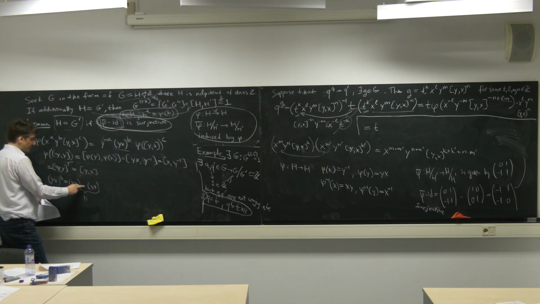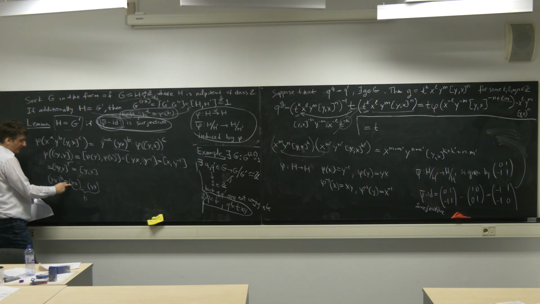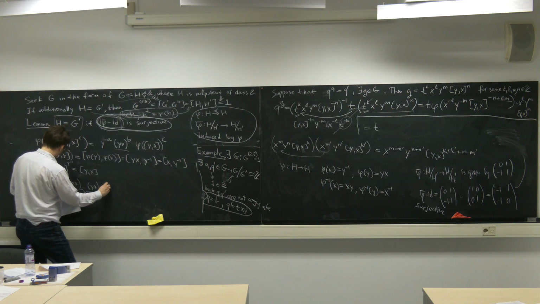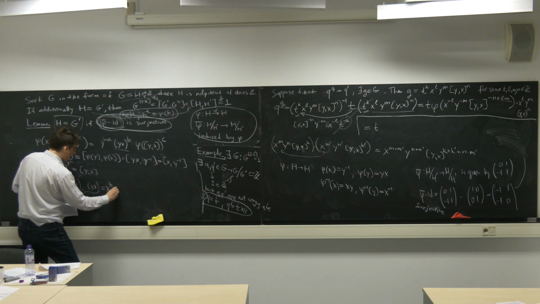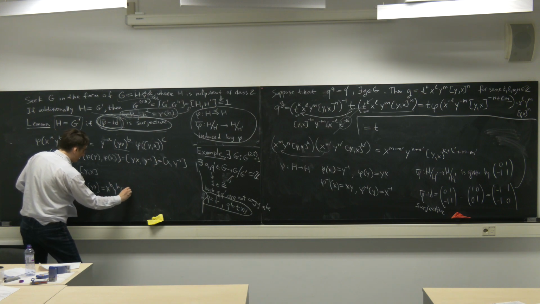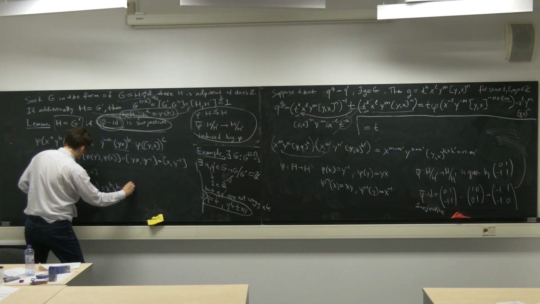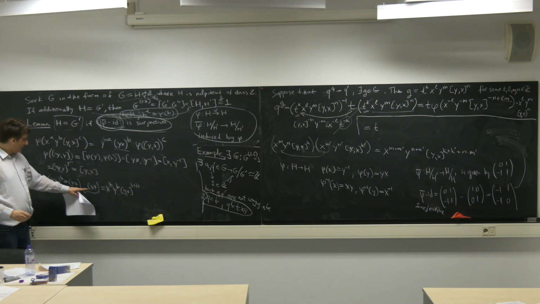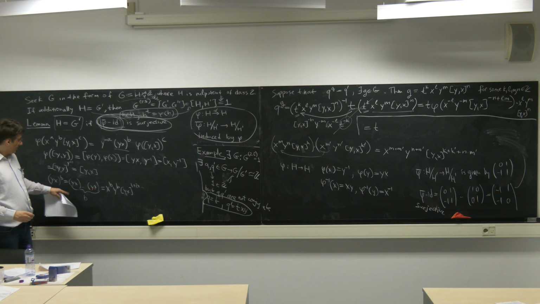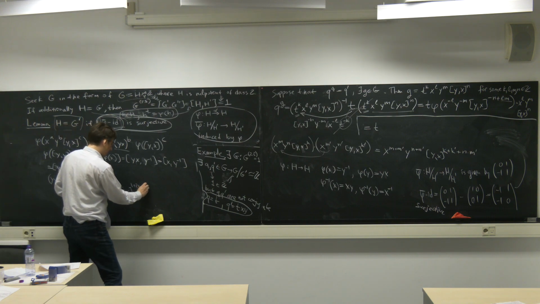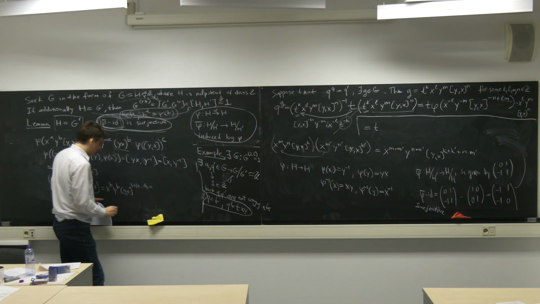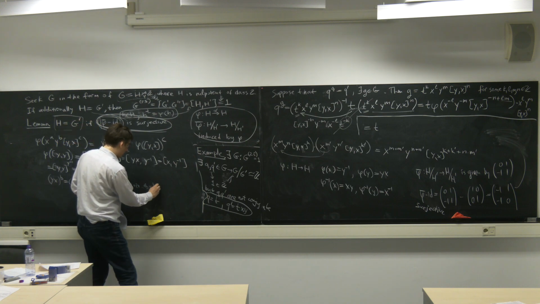The next x has to be permuted with two y's, and so on. So this will be x to the power b, y to the power b, and yx to the power 1 plus 2 plus so on. And the last one will be permuted with b of y's. So plus b. And this sum is b times b plus 1 over 2.